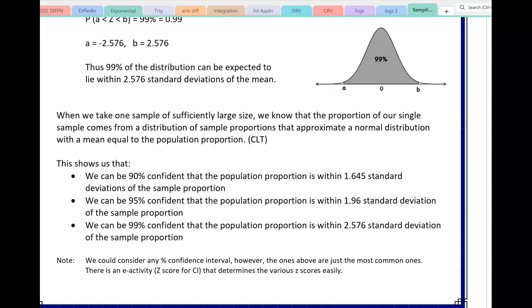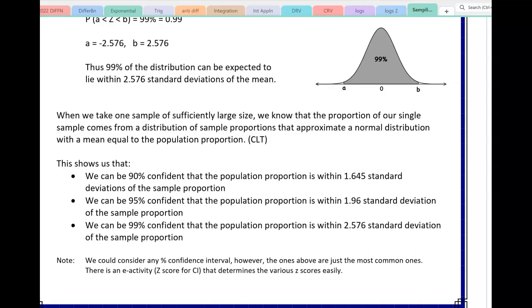So in the first one, 90% confident that the population proportion is within however many standard deviations of the sample proportion. In this case at 90% it's 1.645. 95%, like we did yesterday, was 1.96 standard deviations from that sample proportion, and 99% is 2.576.